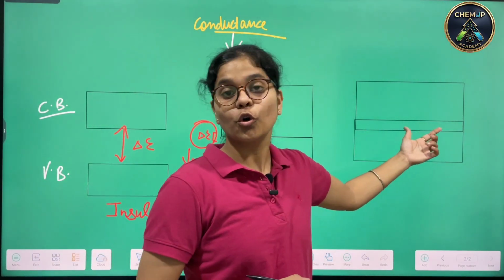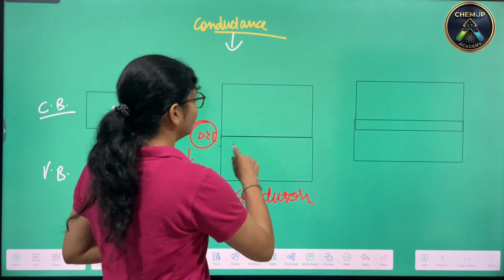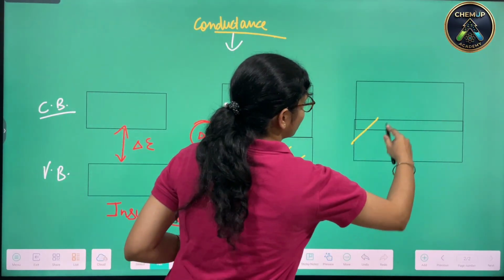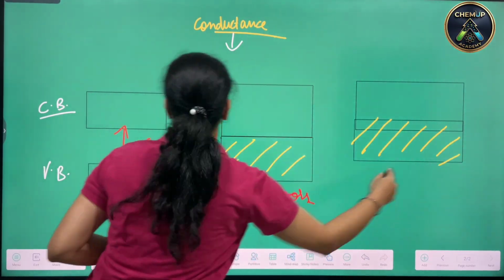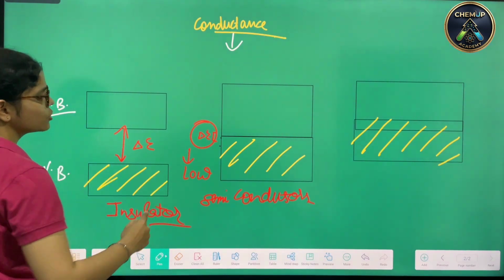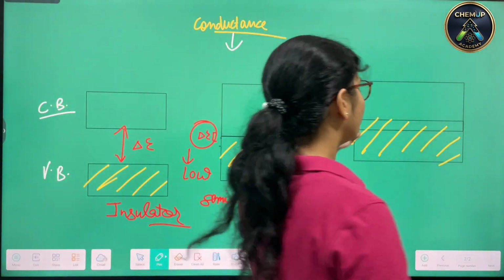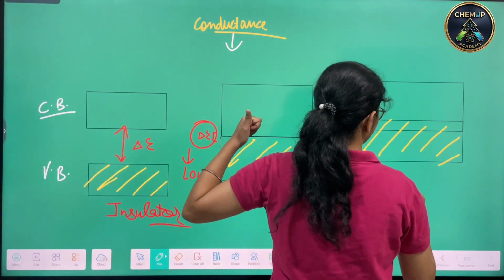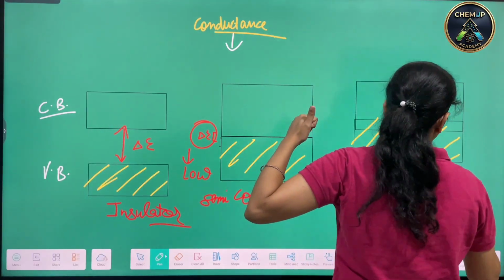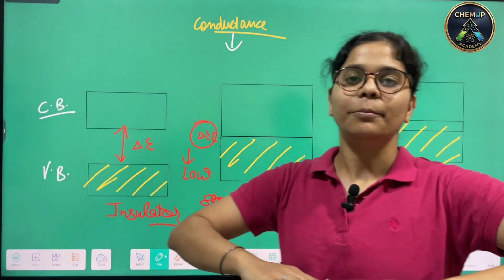And when the valence band is overlapping with the conductance band, we call it a conductor. So this is all about the basics.